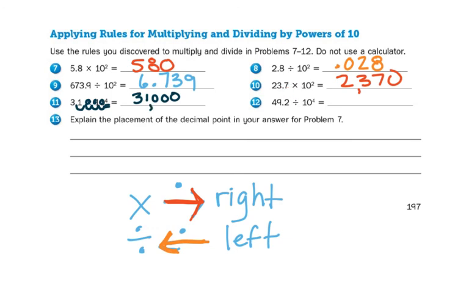Number 12, I'm dividing, so my decimal point is going to move to the left 4 places. 1, 2, 3, and 1 more, 4. This would be read tenths, hundredths, thousandths, ten thousandths, hundred thousandths. 492 hundred thousandths. That's it for today.